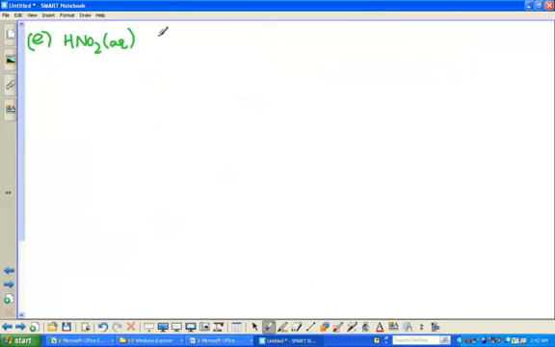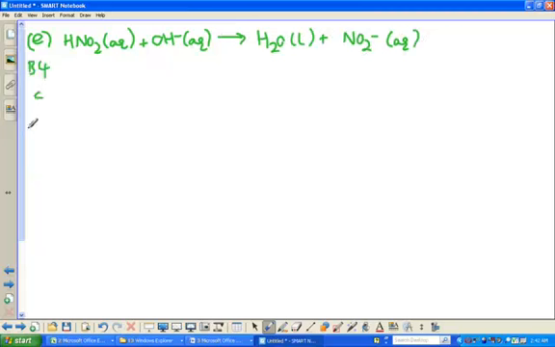Just so you have access to that table, so it's easy for you to crunch the numbers and know exactly what's happening. So again, H2O plus NO2 minus. So we have our before numbers, we have our change, we have our after.